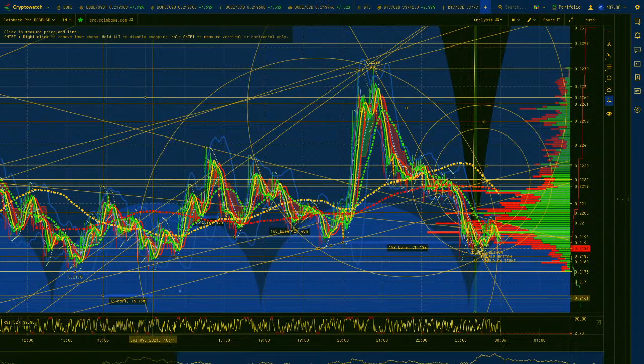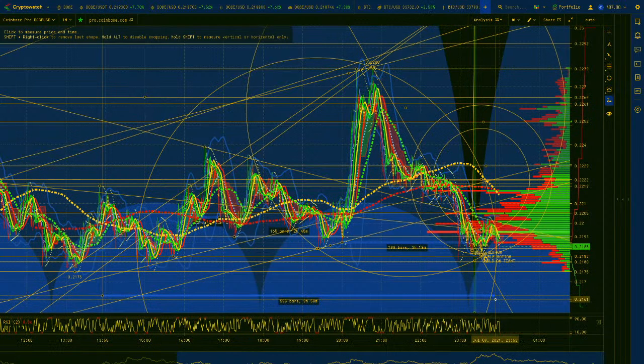You could ride this thing forever, right? I don't know if you can see this. Well, that's why you've got your ABC waves, you've got your Fibonacci on there.